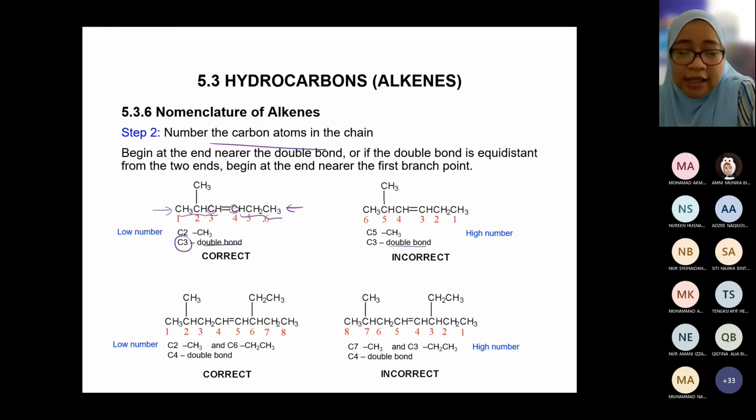The same. Next we have to consider the substituent. Try to get the lowest number for the substituent.